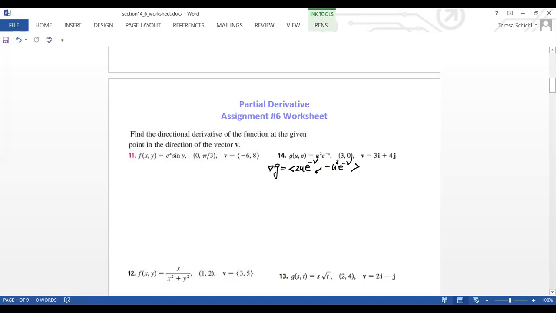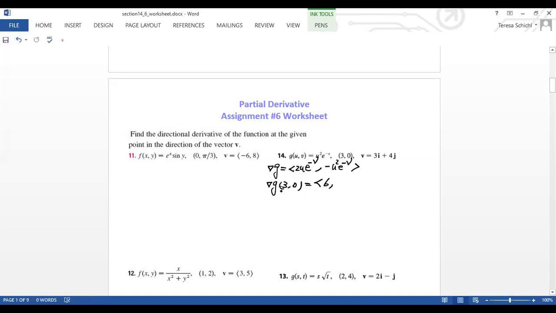Now you plug in the point 3, 0. So what is your gradient vector going to be? 0, this is 1, so it's 6.